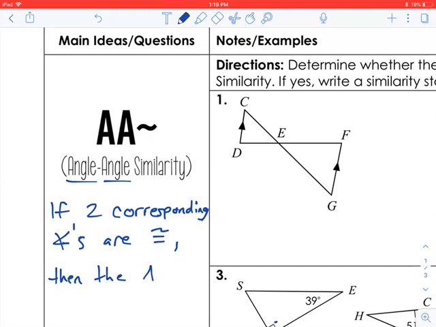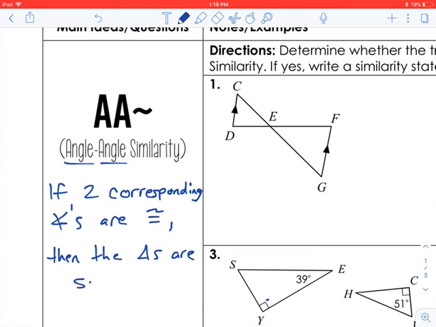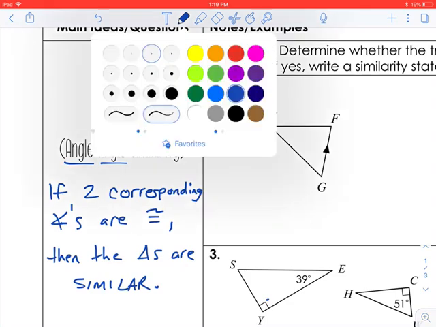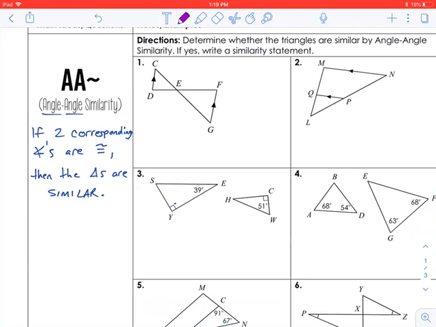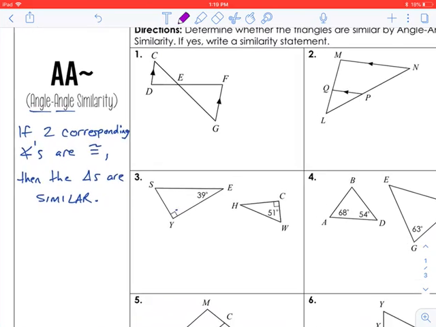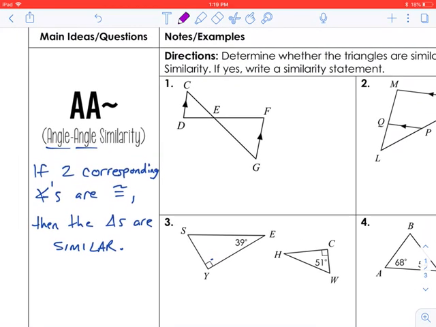So, if you know two corresponding angles are congruent, then you know the two triangles are similar. That proves it, because if you know two corresponding angles are congruent, then all of the angles are congruent.